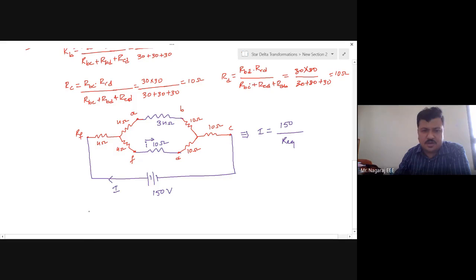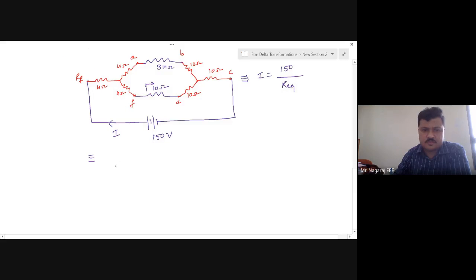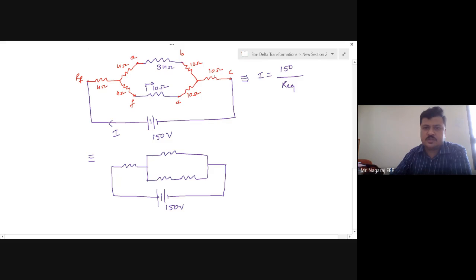So 4 plus 10, here it is 14 ohms. For 4 ohm, 34, 38 plus 10, 48 ohms.